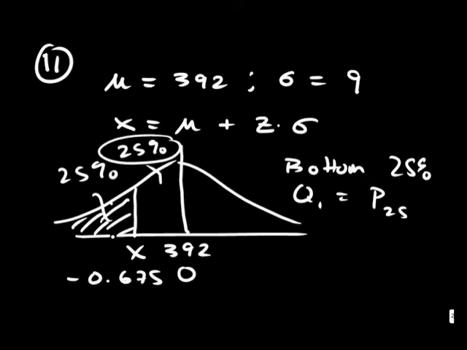So 385.925 represents the value of the first quartile. Or you can say about 386 days.